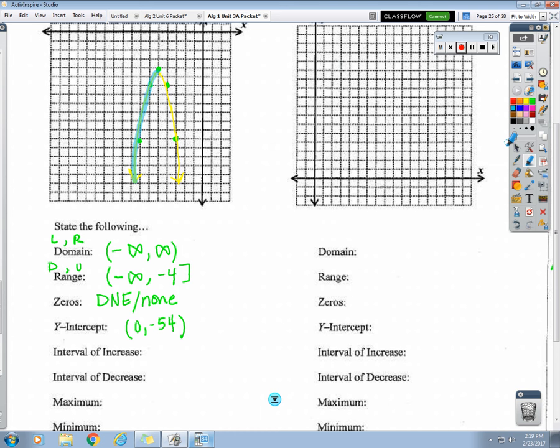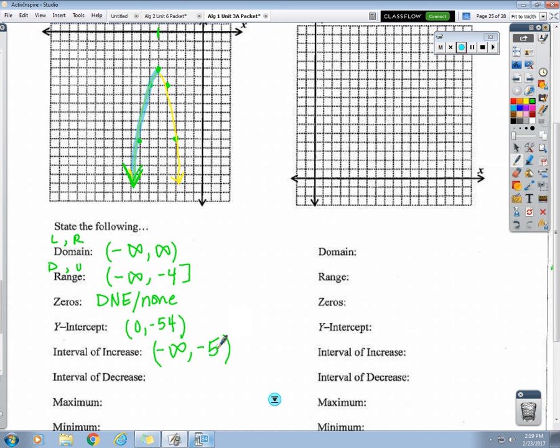Negative infinity. Because, remember, we only care about x values. Isn't that to the left? So that's why it's negative infinity. And didn't it keep increasing until it got to this point, which has an x value of negative 5?